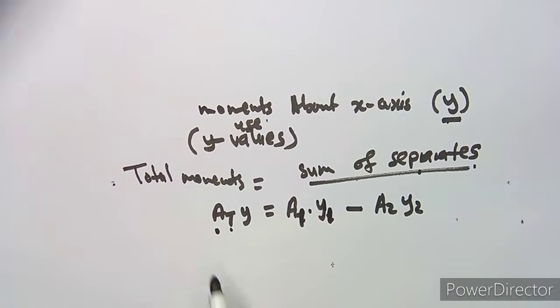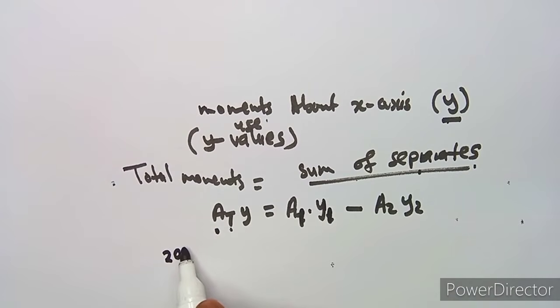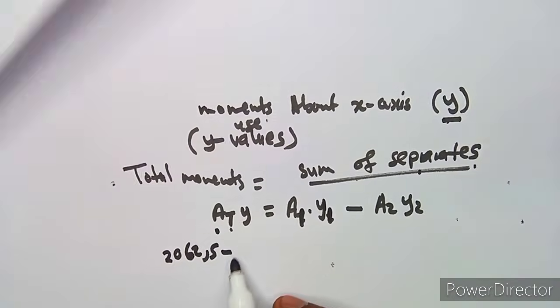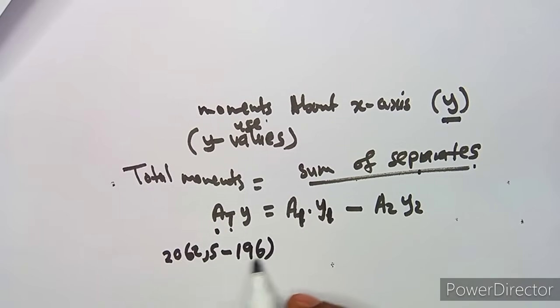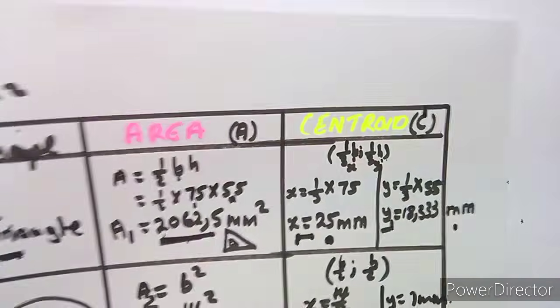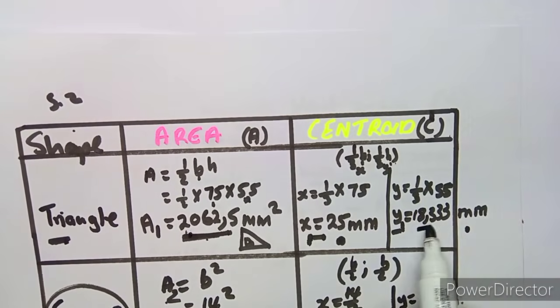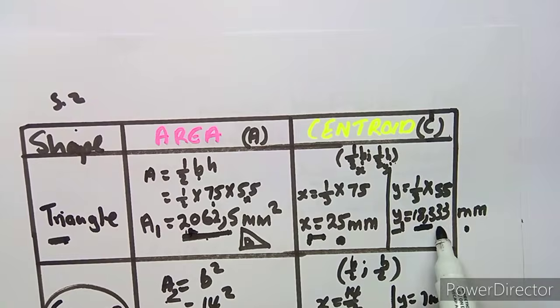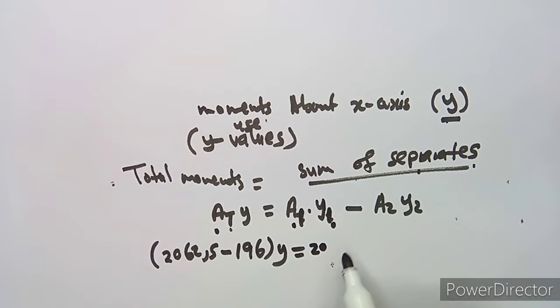So you're going to subtract these values, 2062,5 minus the area of a square, which is 196. You subtract these two, multiply by the y, which is the value that you want to calculate, is equal to area 1 times y1, which is 18. So you multiply this by 18, which is going to be 20.